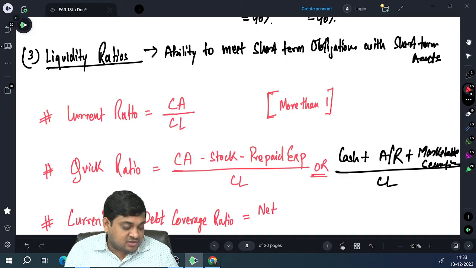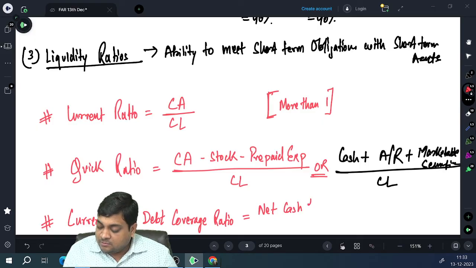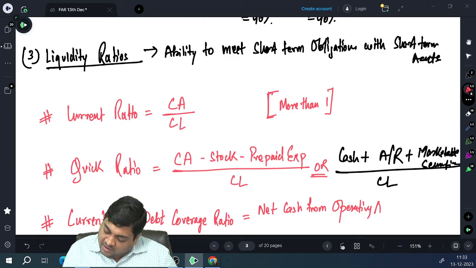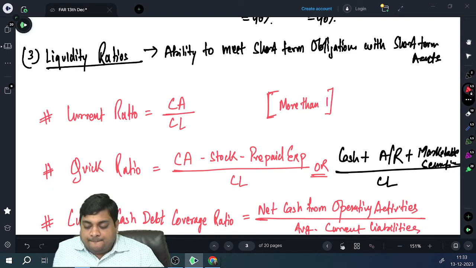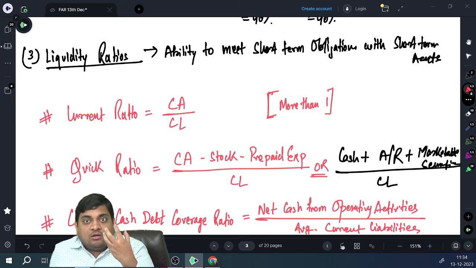That is net cash from operating activities by average current liabilities. Means, will you be able to meet your current liability from your cash flow from operating activity? This is my question.